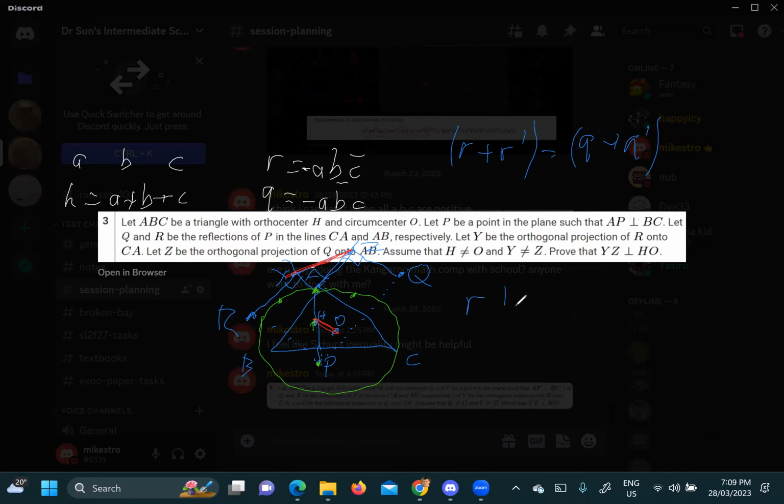R prime equals A plus C minus AC R bar, which gives plus A squared B. Is this right? Yes, this is right. And then Q prime is just that, but opposite.